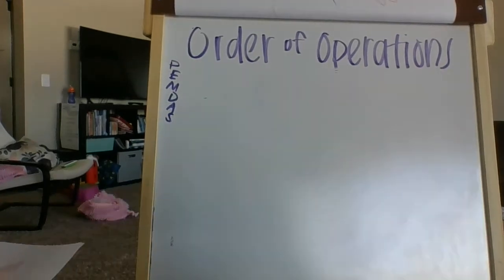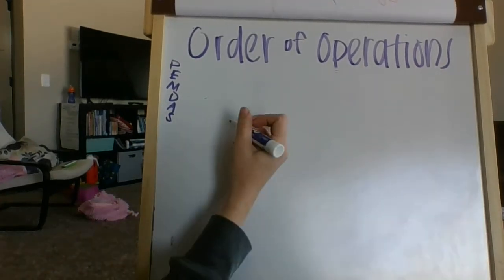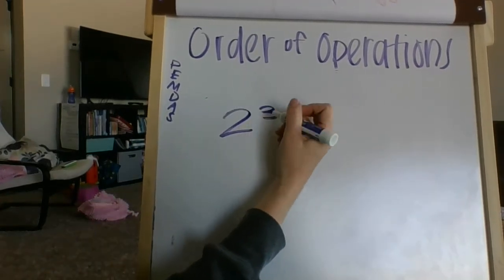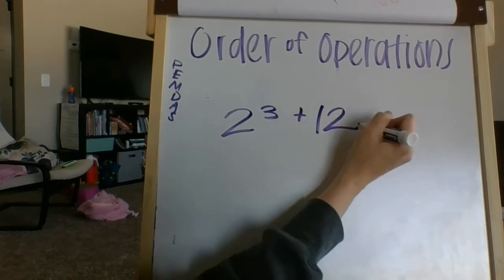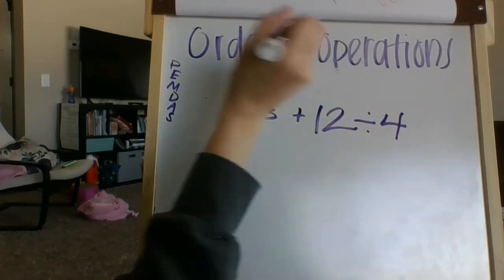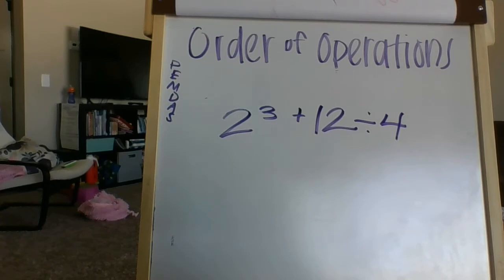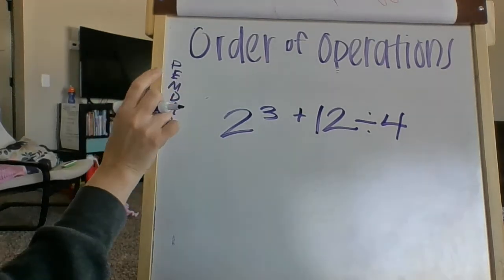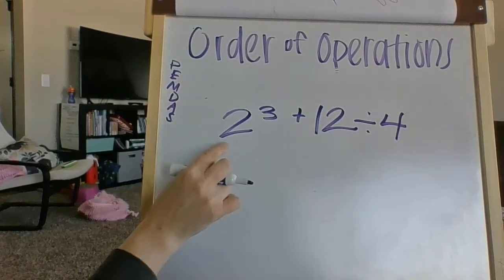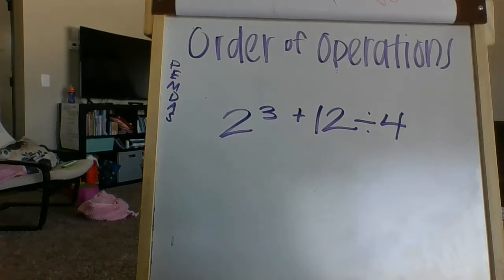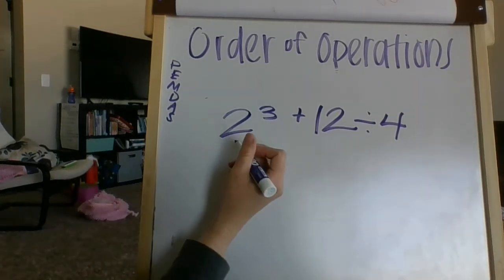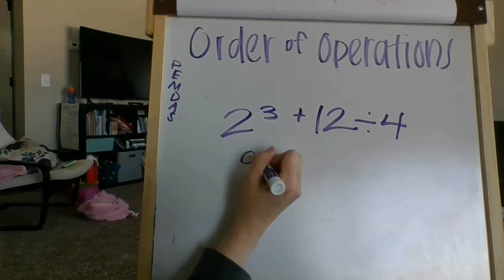All right, let's do another one here. 2 to the third plus 12 divided by 4. Following our order of operations, there's no parentheses. Our next one is exponents, 2 to the third. That means 2 times 2 times 2. So 2 times 2 is 4, 4 times 2 is 8.